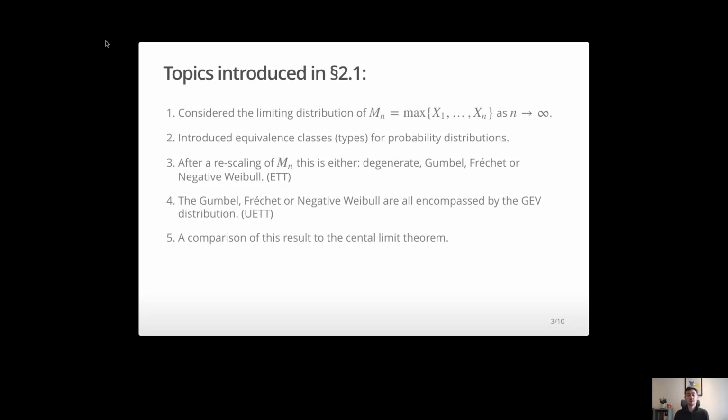In the final part of this section, we looked at how this unified extremal types theorem is very similar to the central limit theorem, but it's referring not to the mean or the sum of random variables, but instead to the maximum.